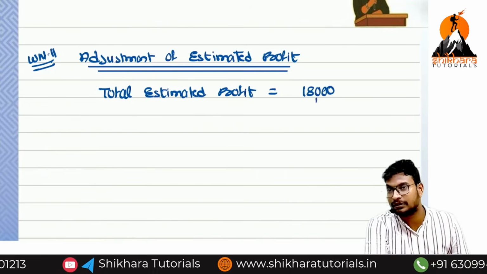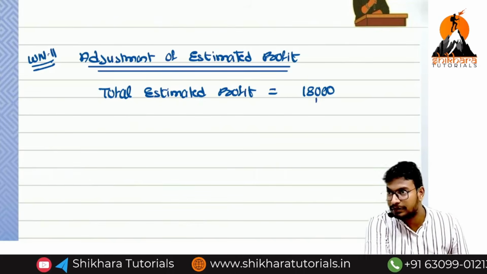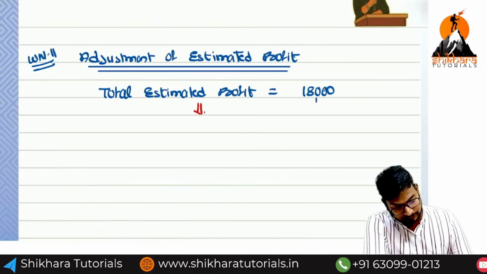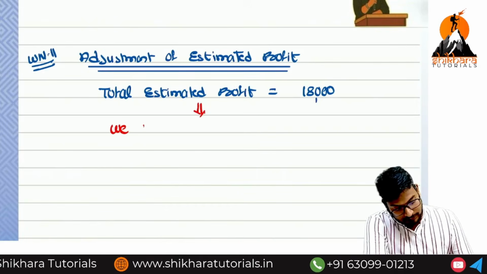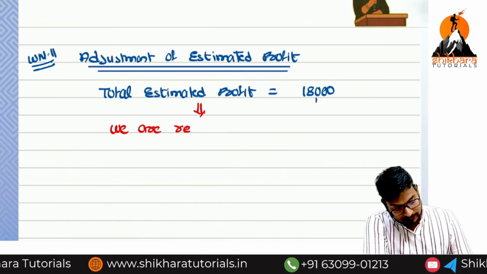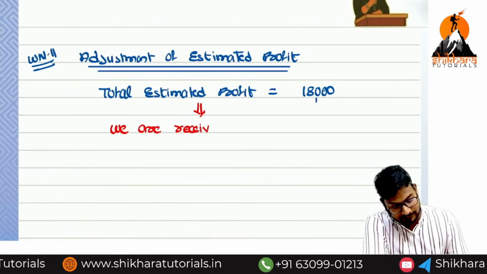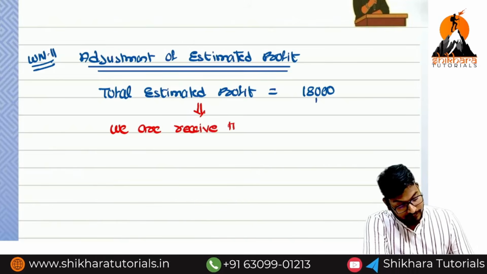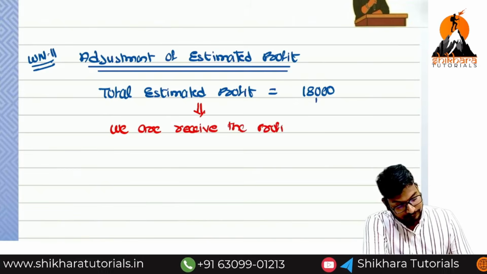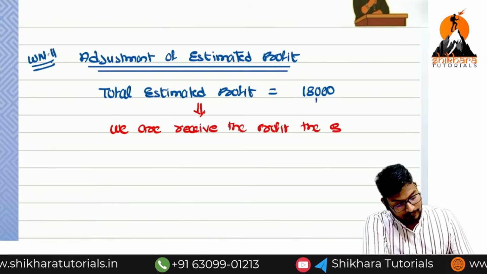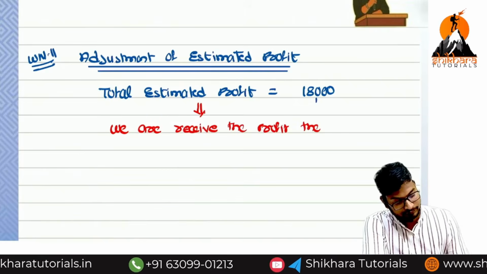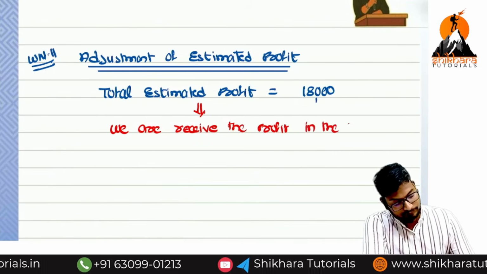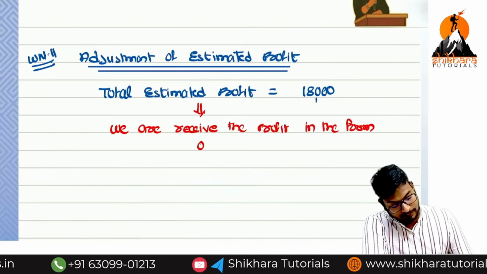We need to assume that we have received this estimated profit in the form of cash. What is the assumption? We receive the profit in the form of cash.